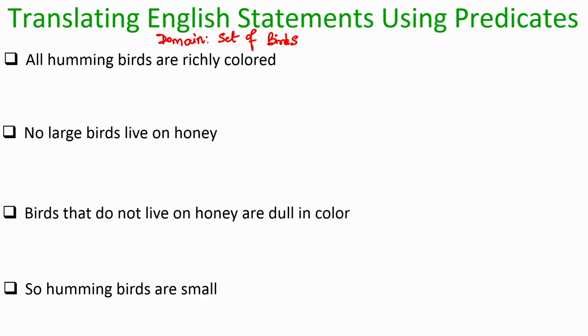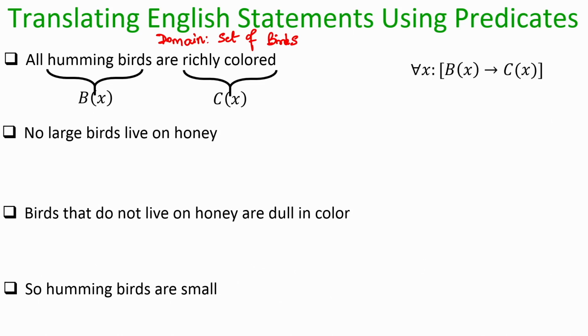So, the first statement is all hummingbirds are richly colored. Let me introduce predicates B of x and C of x here. B of x will be true if the bird x is a hummingbird, whereas the predicate C of x will be true if and only if the bird x is richly colored. That is the definition of my predicates B of x and C of x.